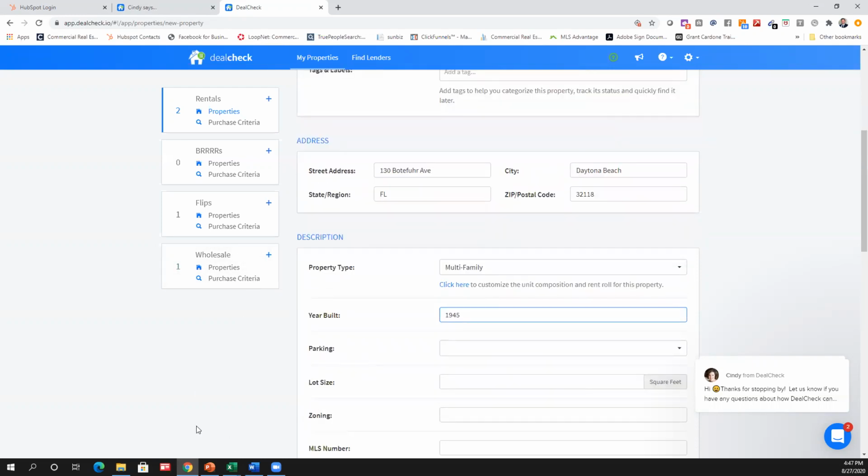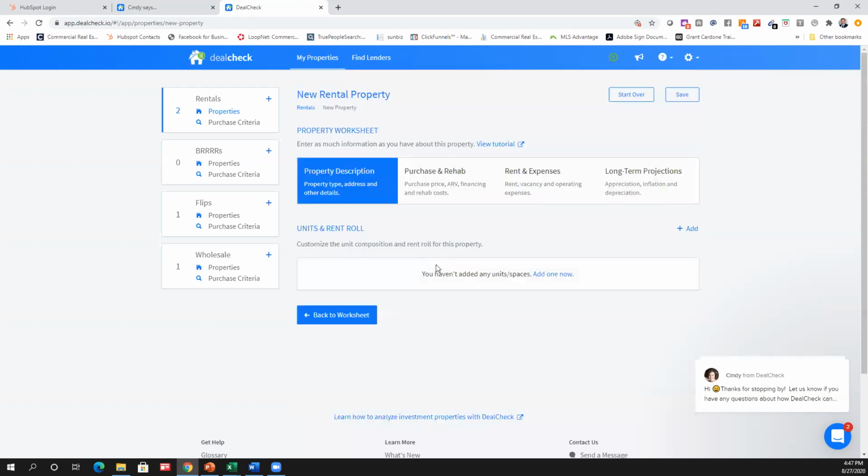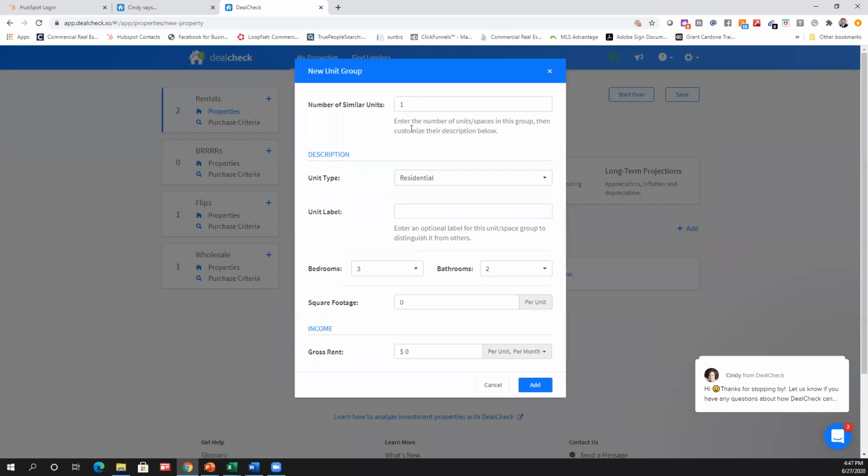Just for time's sake, we'll just fill out the meat of this. So the unit composition. It's always nice to do a breakdown on each. This is technically a residential unit. And let's just, for this, say that there's 15, because most of these are either efficiencies or one bedroom. So we're just going to do 15 1-1s. It is going to fluctuate.